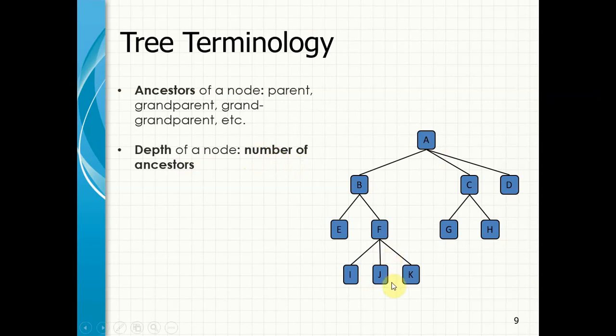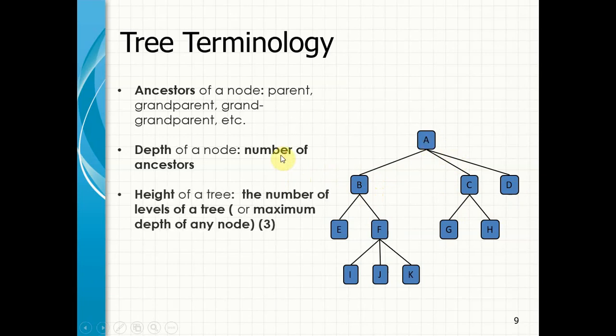Just like for J, it has a depth of 3 because it has 3 ancestors. For D, its depth is 1 because it has 1 ancestor, which is A.